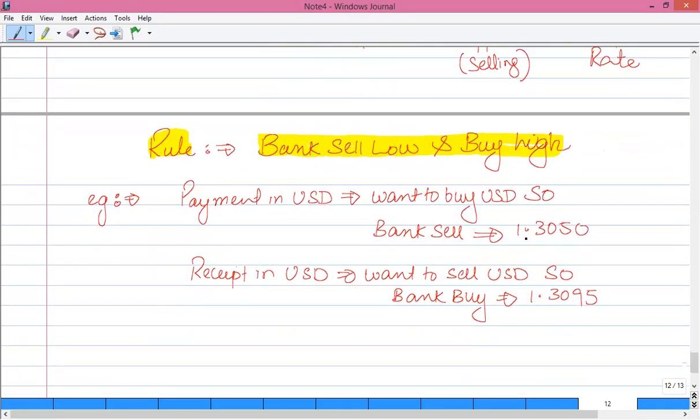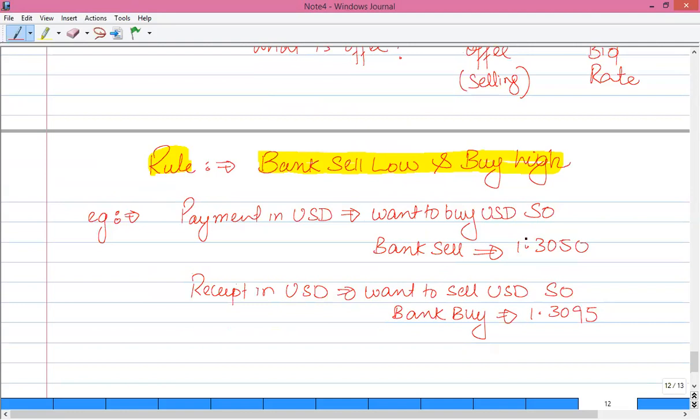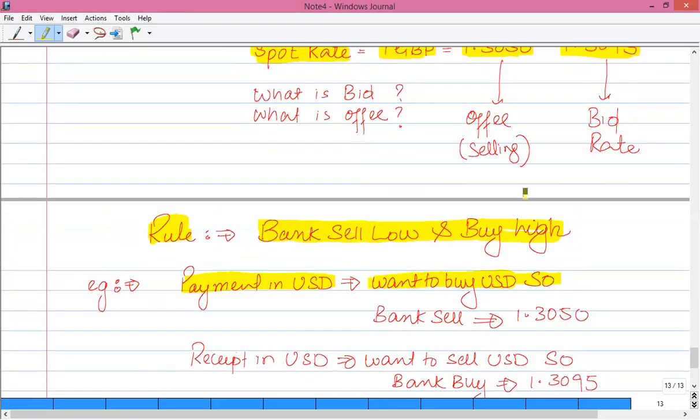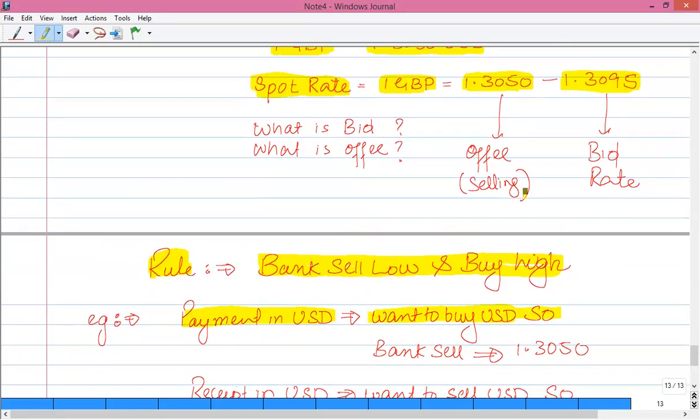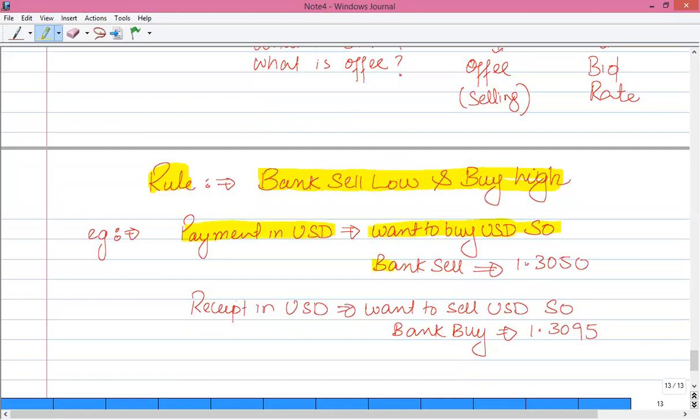Now let's see this example. If a company has to pay in a foreign currency, for example payment in USD, that means the company wants to buy USD. So if the company wants to buy USD, the bank has to sell USD. According to the rule, the bank would quote the rate of the lower side, that is 1.3050.